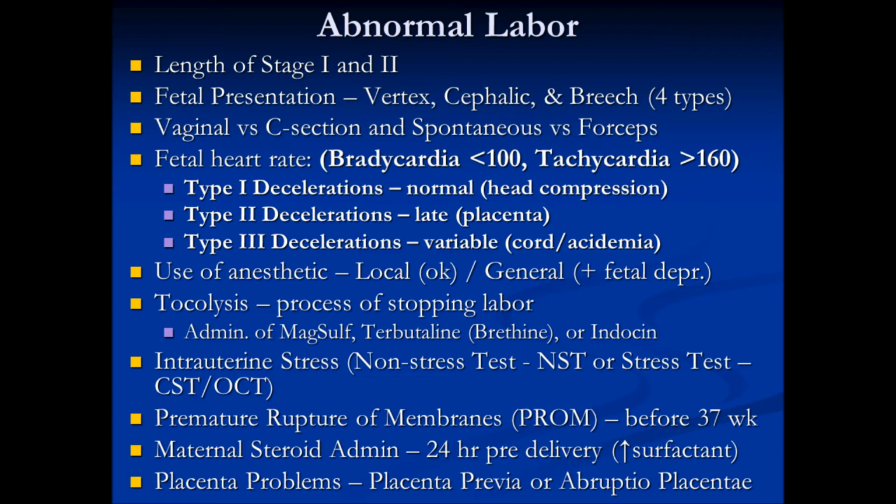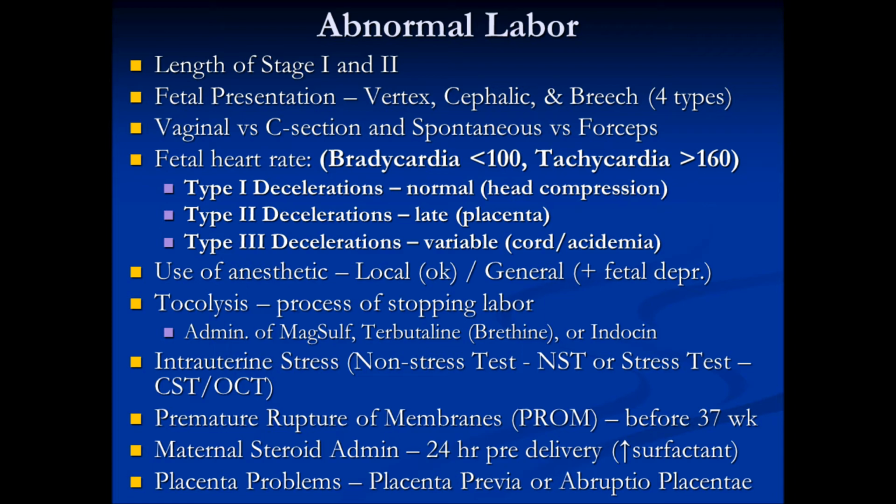Okay, and last but not least are the placental problems. This is the big one. With placental problems, it is very important to know where the placenta is located on the uterine wall at all times.